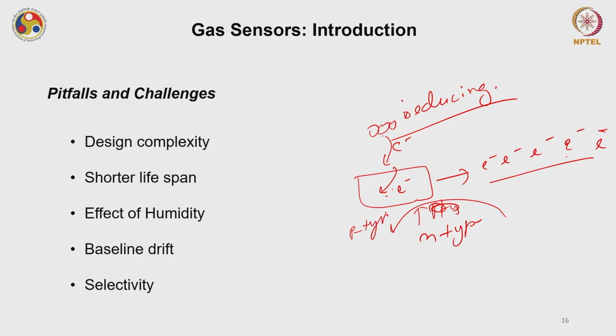However, the catch is this: there can be a number of reducing gases, say R1, R2, R3, R4, and all of these have the capability of changing this conductance, or everyone can interact here.